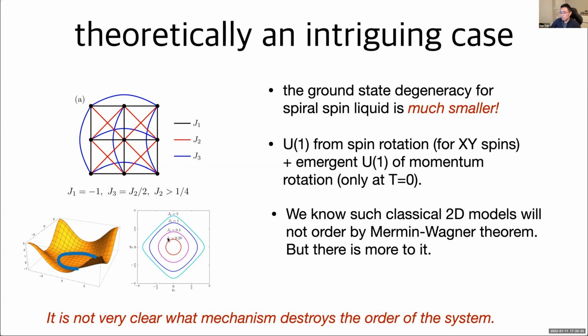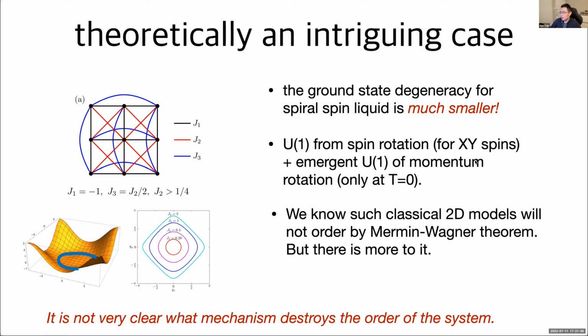Okay, so it is not very clear until now how this could be a spin liquid if there is no local degeneracy. What's new here is that this ring of ground states actually gives you an extra U1 symmetry, and on top of that, of course, you have the U1 spin rotational symmetry.